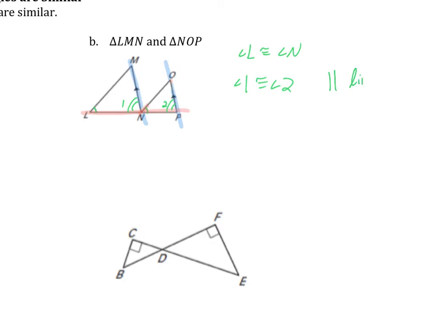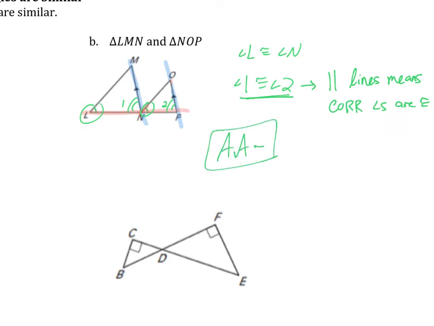Parallel lines means corresponding angles are congruent. So that's how we got that. So technically we have two angles in each, angle L and angle N, and then angle 1 and angle 2. So this would be angle similarity as well.